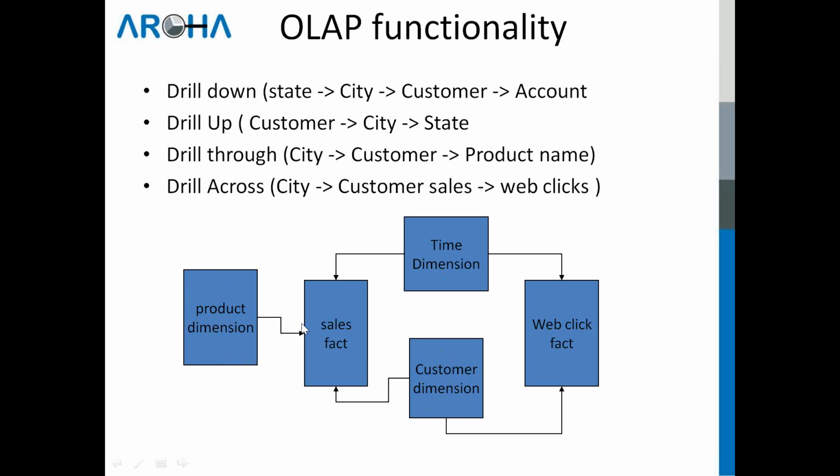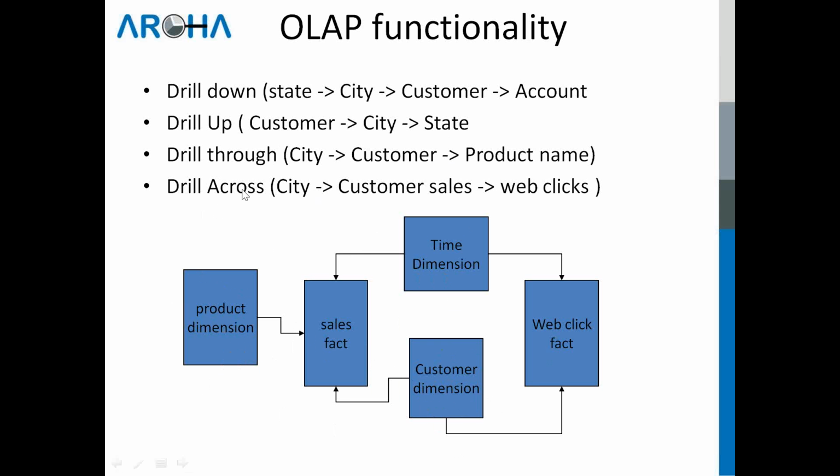So how do you do that? You go through the sales fact to land up in products. That's basically you join the sales fact with product dimension. That is called drill through. You start with customer dimension, but you ended up in product dimension. But drill through happens within a star schema.